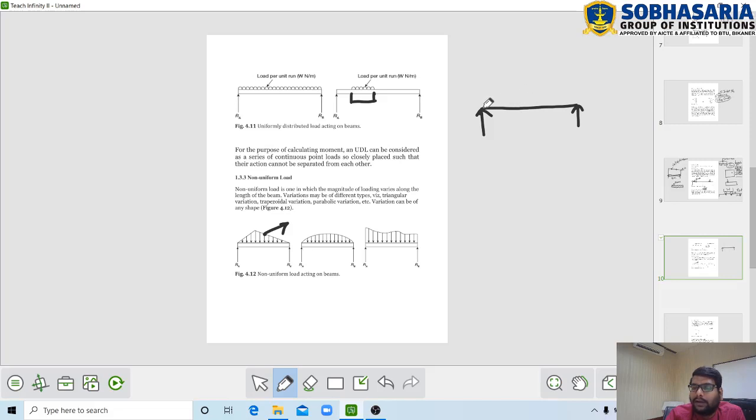It will give a varying load at different places. So, that will be a non-uniform type of load.